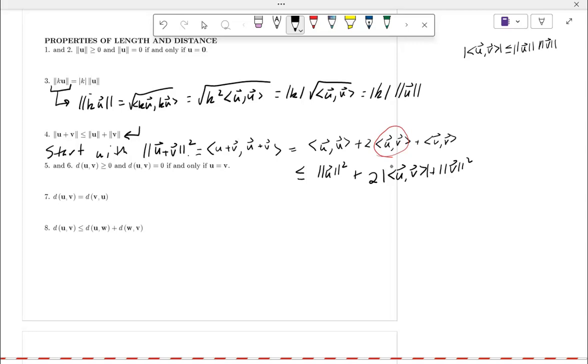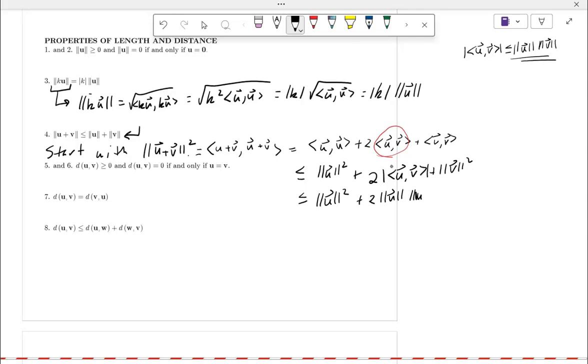Now that I have the absolute value of the inner product, I can replace that with the product of the magnitudes. It's less than or equal to, but that's already the direction my inequality is pointing, isn't it? So if I replace it, it's still less than or equal to. Oops, forgot my magnitude signs here.